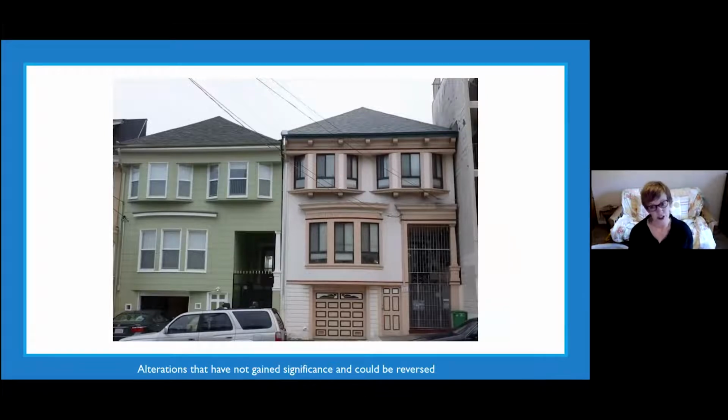And because you have an adjacent house that shows you pretty much exactly what that house did look like originally, in this case, I think those alterations probably have not gained significance, and you could probably reverse them because you have the adjacent house as a model. Good example of showing probably pretty much what the house on the left originally looked like.